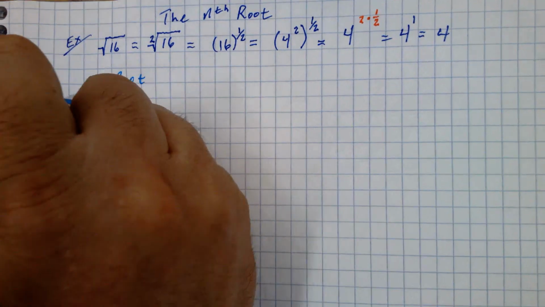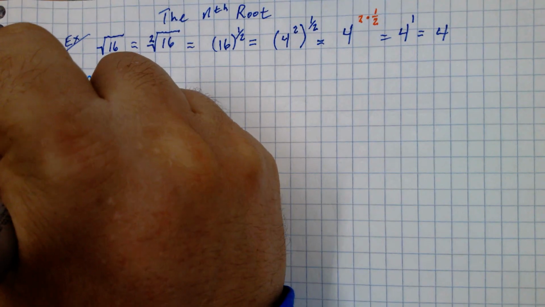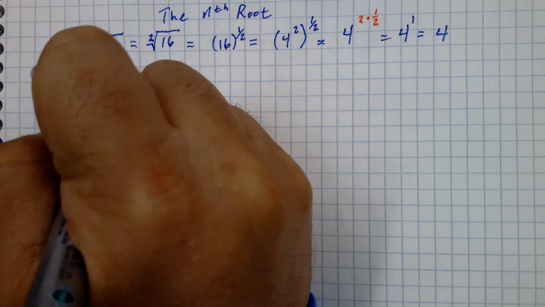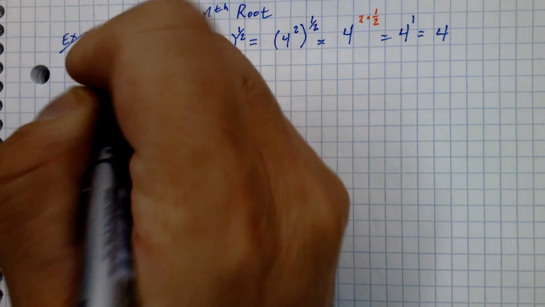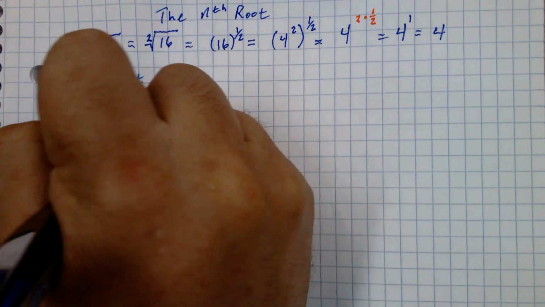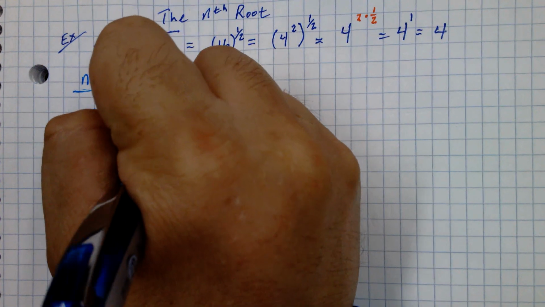Okay, the nth root is, if you have some root like this, the nth root of a, and n is any integer, then you could rewrite it this way: a to the 1 over n.